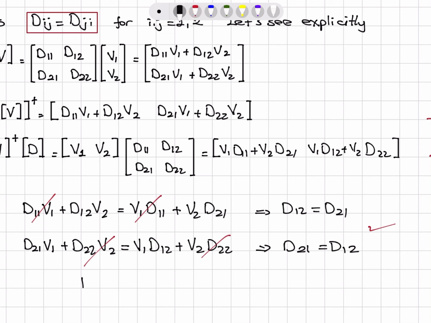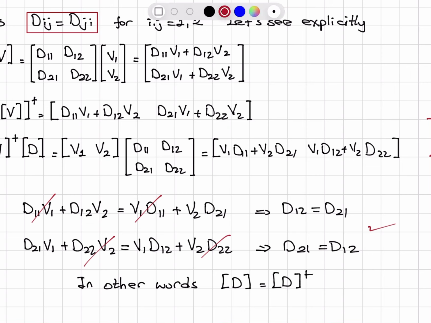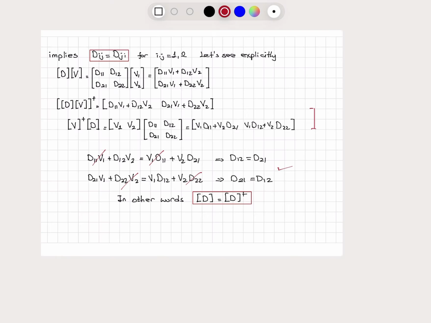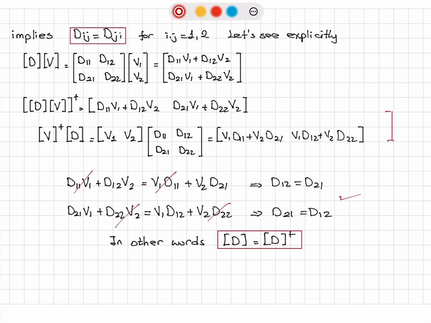In other words, when i and j switch places, that means we're taking the transpose of the D matrix. So the D matrix must be equal to its transpose. That's the requirement for this equation to hold.